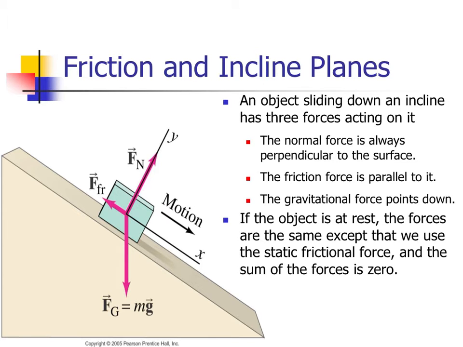When the object is at rest, there would be no motion. Frictional force would still be there, opposing the motion. Because when we look at this, we might look at this problem going, well, if it's not moving, where's the equal there?